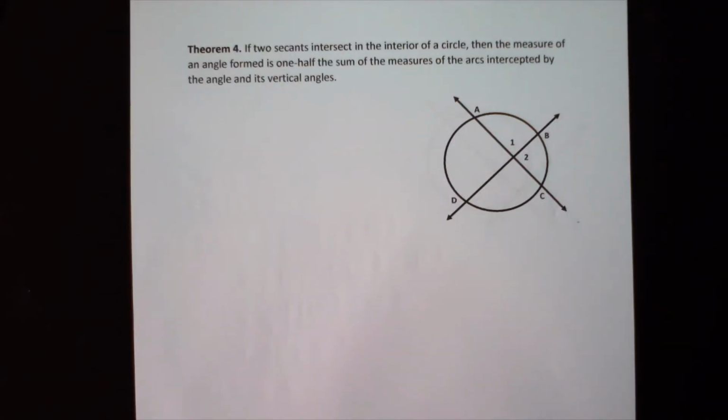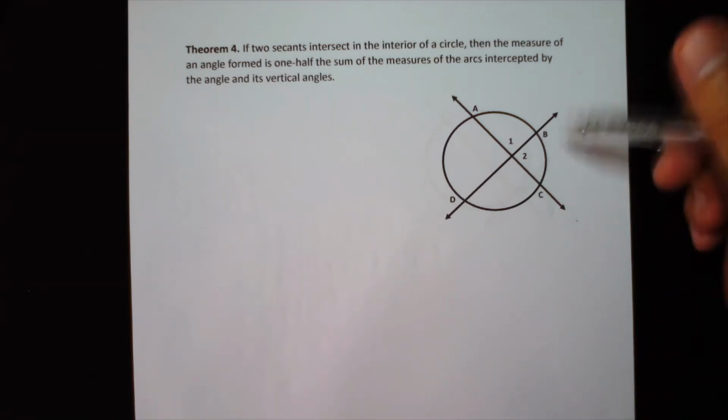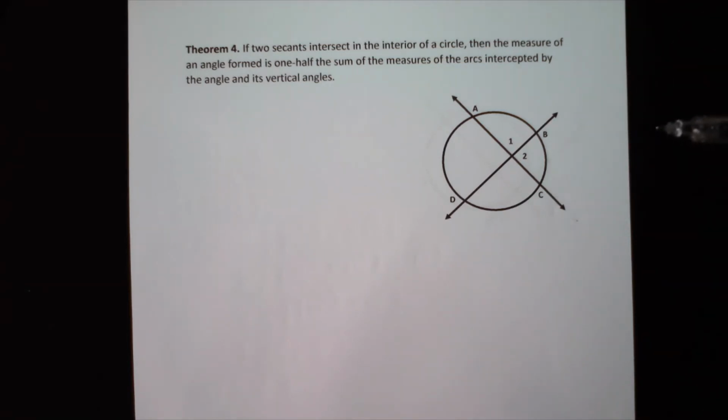Let's have theorem number 4. If two secants intersect in the interior of a circle, a while ago it was intersecting in the exterior, now it is the interior, then the measure of the angle is 1/2 the sum of the measure of the intercepted arc by the angle and its vertical angle.